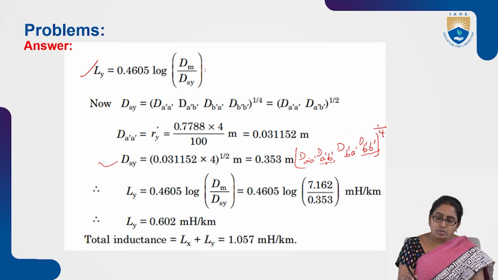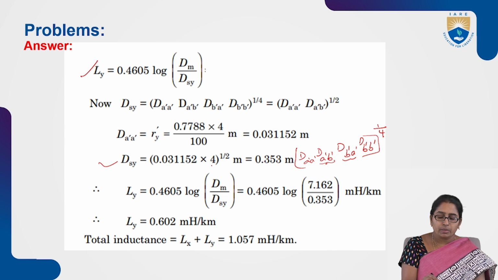So this is B dash A dash, and this is 0.7788 into R. These two squared, into whole power 1 by 4, means the 2 gets cancelled, giving 1 by 2. That is how DSY is written.